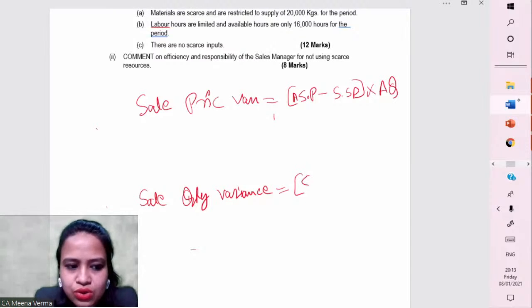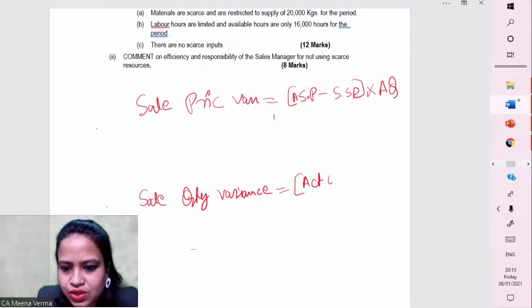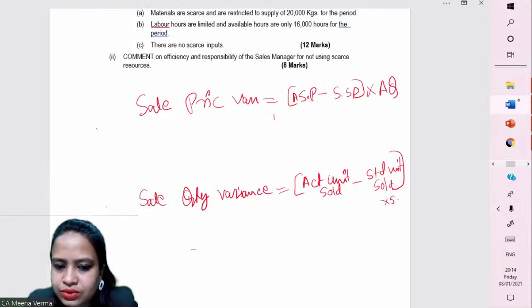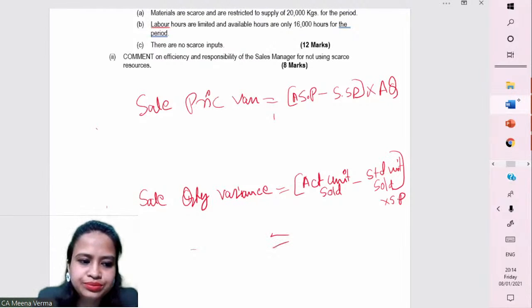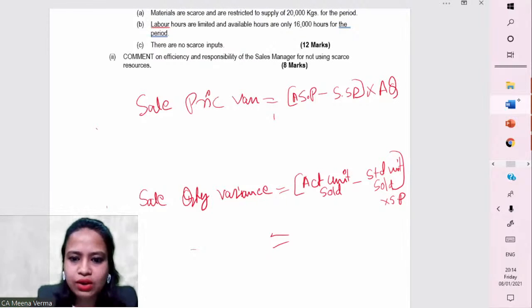Standard unit you sold, actual unit sold minus standard unit which is required to sell, into standard price. So this way you will get the sale quantity variance. Okay, I want you to calculate this.